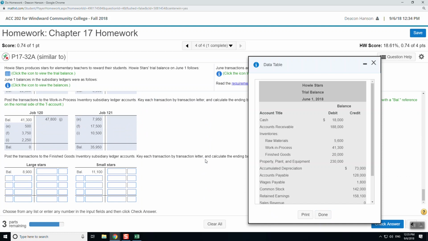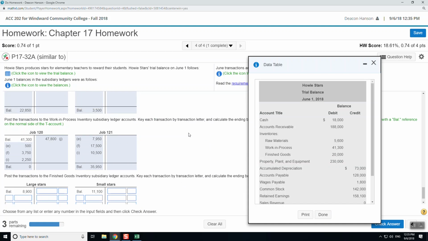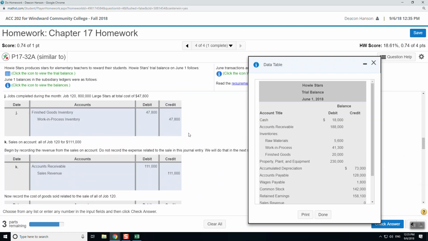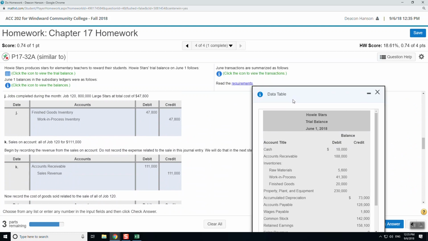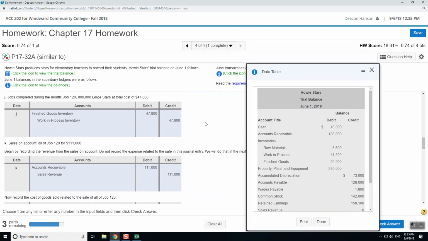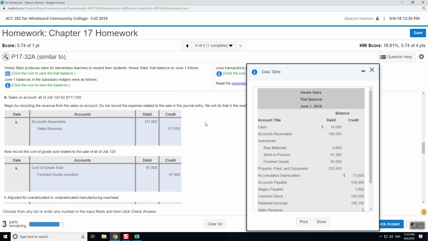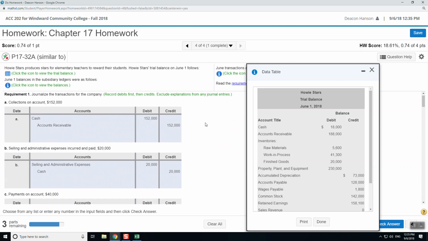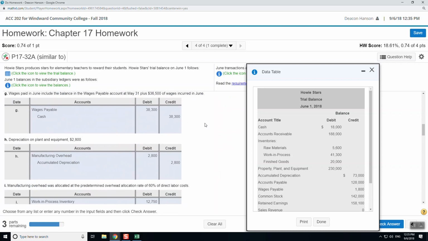The thing is, they want me to show the transactions, okay? So there's the 20,000 sitting there. Let's see what job 120 was about.